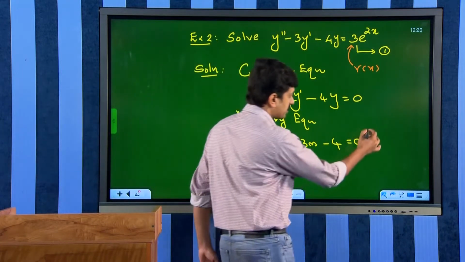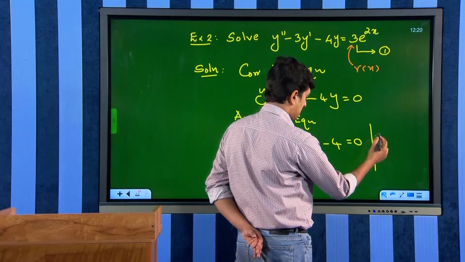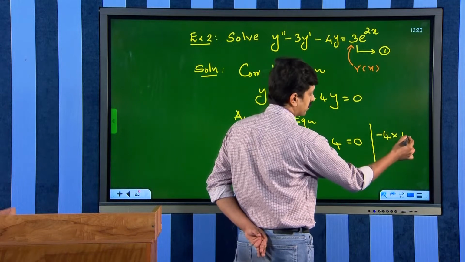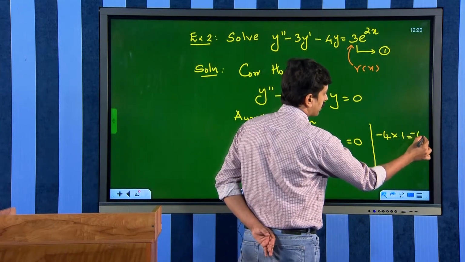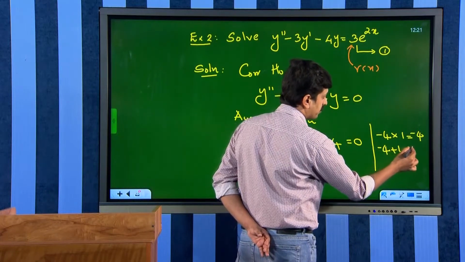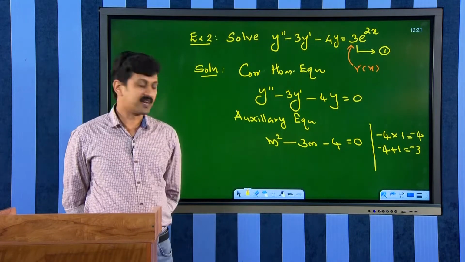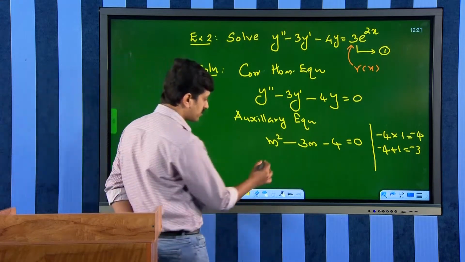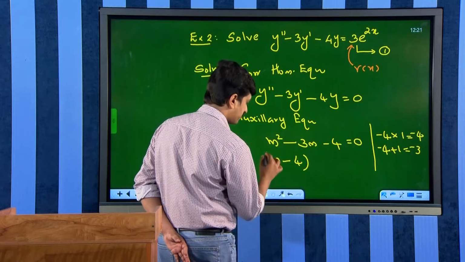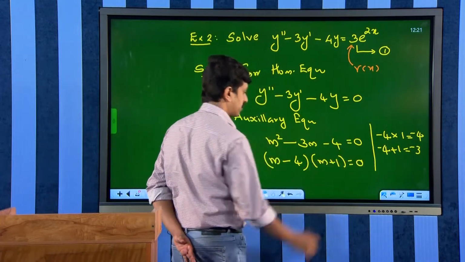We can write minus 4 into plus 1 is equal to minus 4, and minus 4 plus 1 is equal to minus 3. Therefore, we can write m minus 4 into m plus 1 is equal to 0.